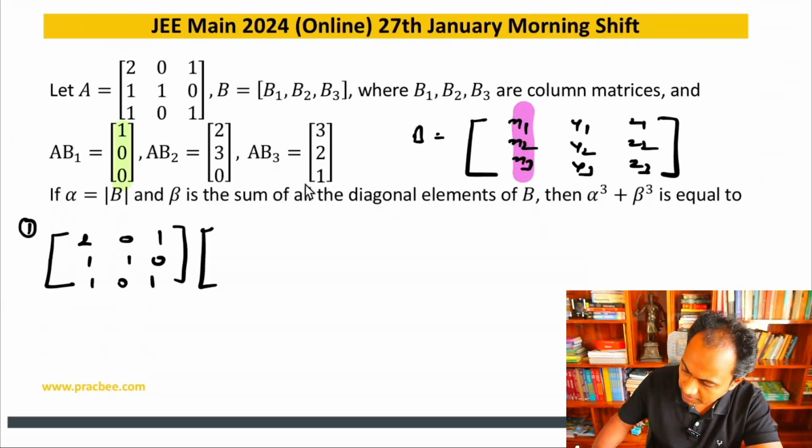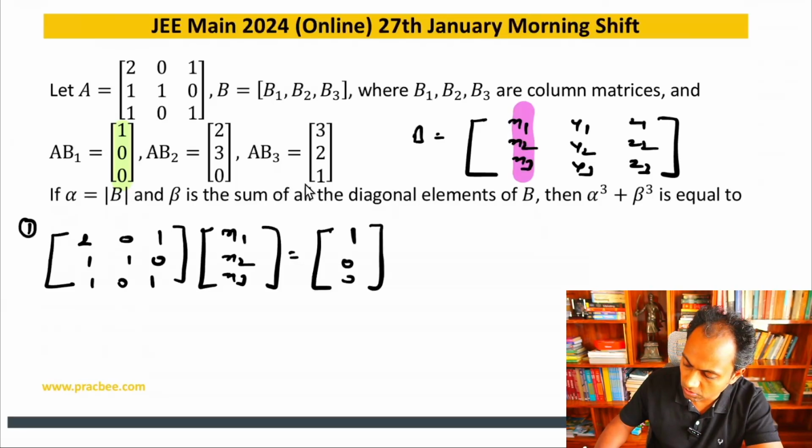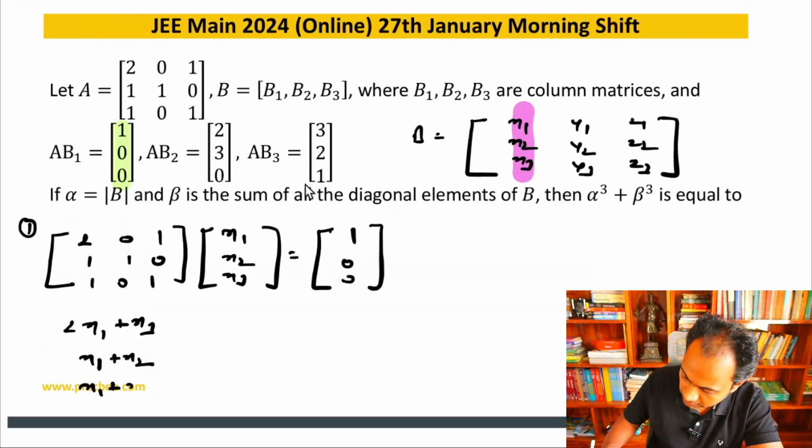And if I multiply with B1, that is x1, x2, x3, they are saying that the answer comes out to be 1 0 0. If I do this operation, you can see that the first row column multiplication will happen and it will generate 2x1 plus x3. In the second part, it will generate x1 plus x2. And in the third part, it will generate x1 plus x3. And this matrix would be equal to 1 0 0.